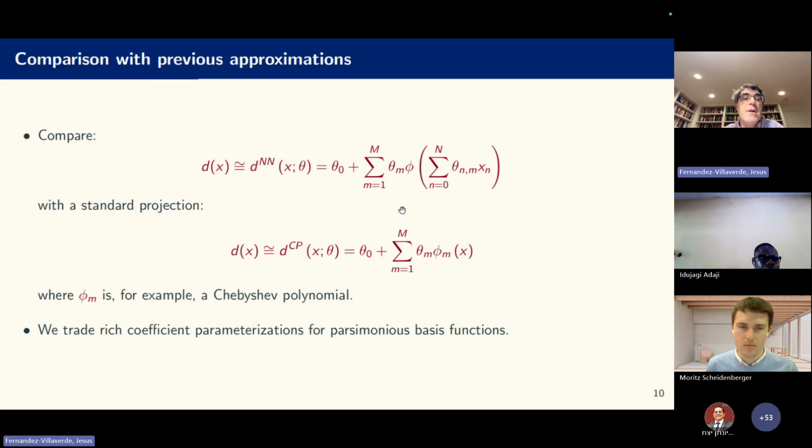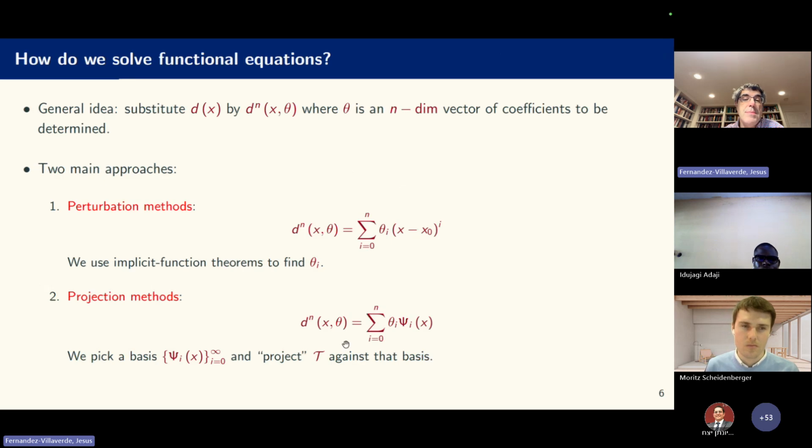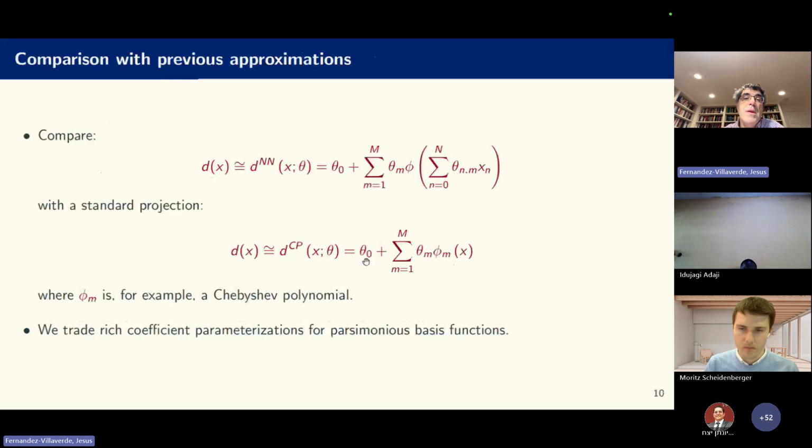So let's compare for a second this approximation we have just come up with to the standard approximation you will have with Chebyshev polynomials. Remember, Chebyshev polynomials are just a particular example of a projection method. And what you are going to find is that they look surprisingly the same. You have a leading term in the neural network approximation, and you have a leading term in the Chebyshev polynomial approximation.